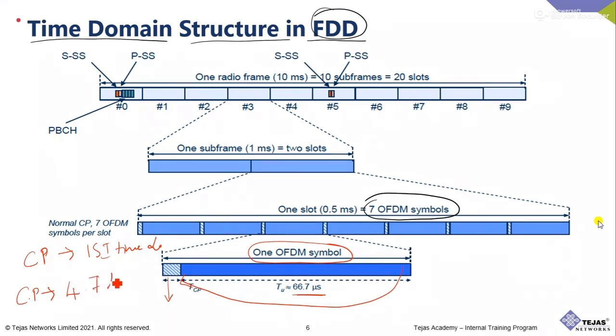Fantastic. So 4.7 microseconds. There is also one more cyclic prefix duration. The first cyclic prefix duration is 5.2 microseconds, and the rest, that is CP2 to CP13, all have a duration of 4.7 microseconds. So does anyone have a solution for why we go with 5.2 earlier and then 4.7?